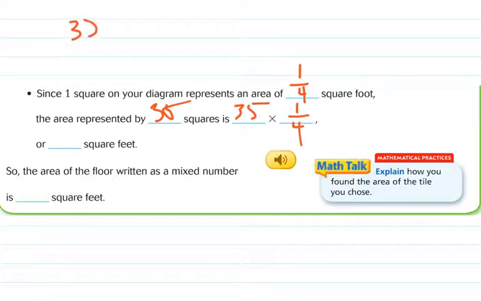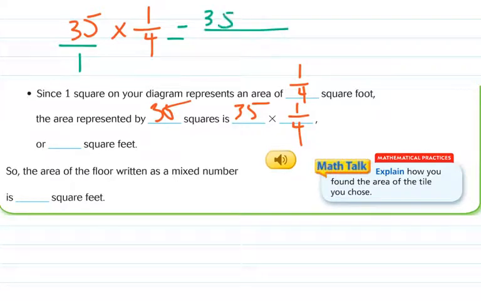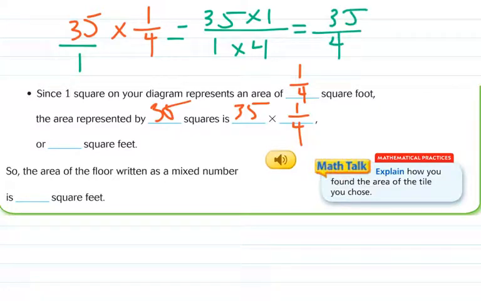So remember, boys and girls, this is connecting to what we did last week. 35 times 1/4, we would make 35 a fraction and place it over 1, and then we would multiply the numerators by the numerators and the denominators by the denominators, and we would get 35 over 4. So we would have 35 over 4 square feet. And this is an improper fraction, so we want to make sure that we rewrite it as a mixed number.